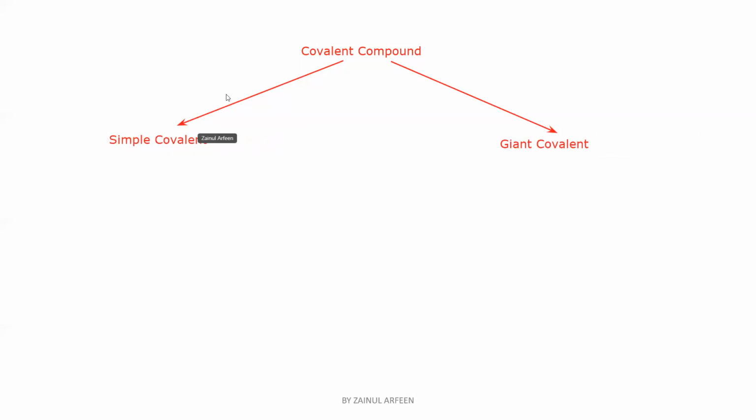What is the meaning of a simple covalent? Simple covalent means when we have a finite number of atoms, or a fixed number of atoms, in the structure.